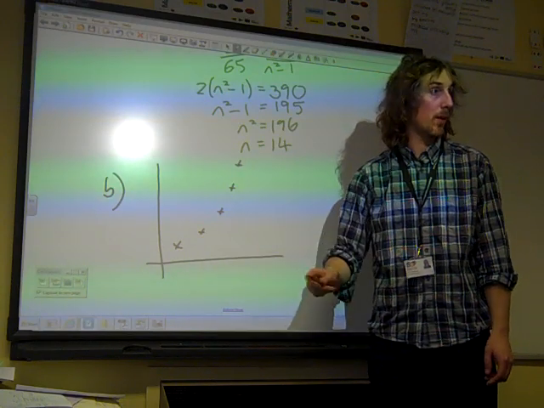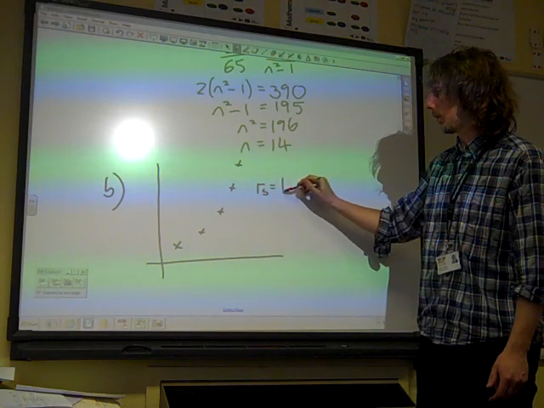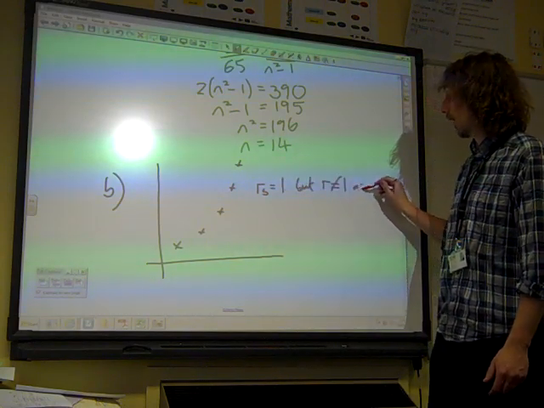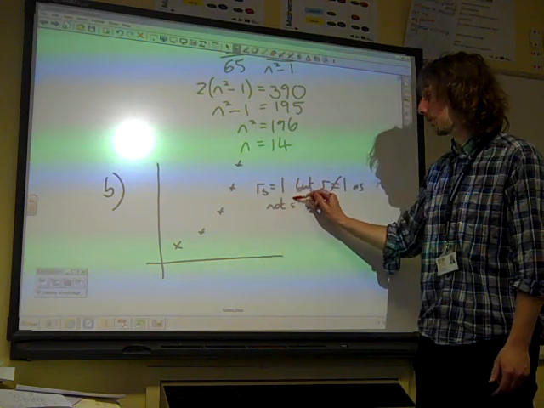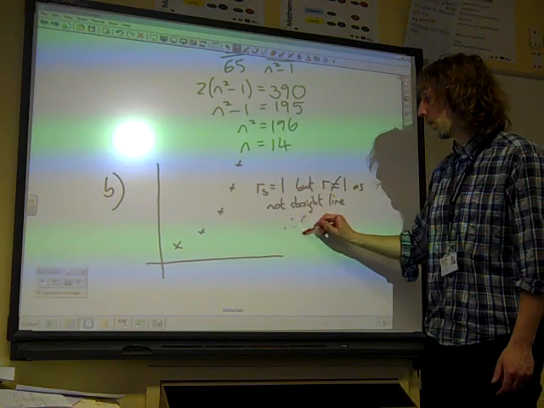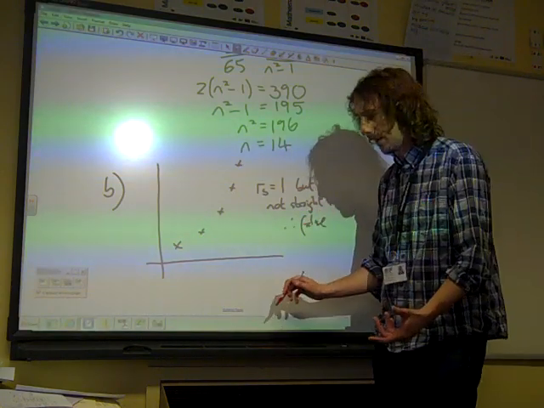So that would show that it was false. In this case rs equals 1, but r is not equal to 1. That's not a straight line. Therefore false. And that's quite a neat way of drawing it.